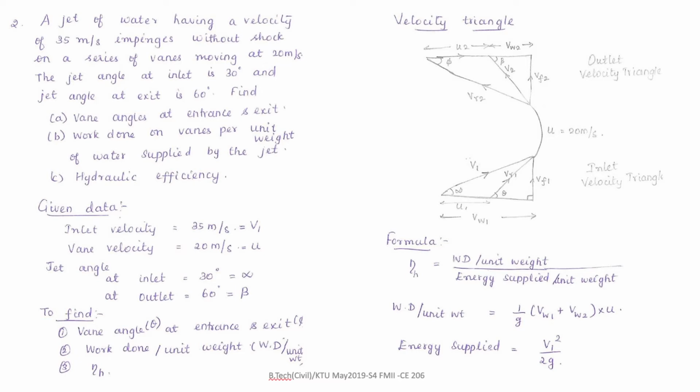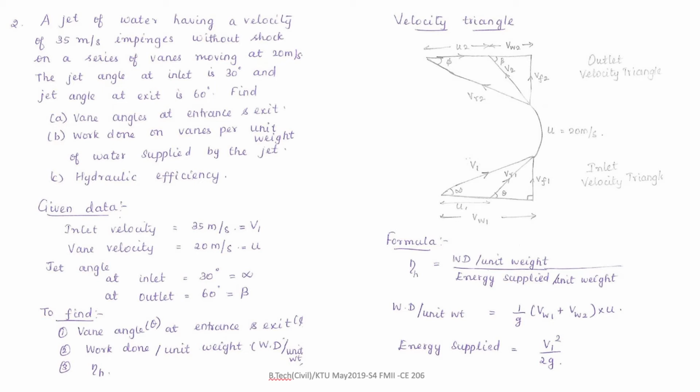V1 is striking the vane at an angle of alpha. VR1, that is the relative velocity, is at an angle of theta, that is the vane angle, that you have to find out. So how to find out theta? See the velocity triangle. You can use any trigonometric equation, sin theta, cos theta or tan theta. Sin theta means opposite side by hypotenuse.